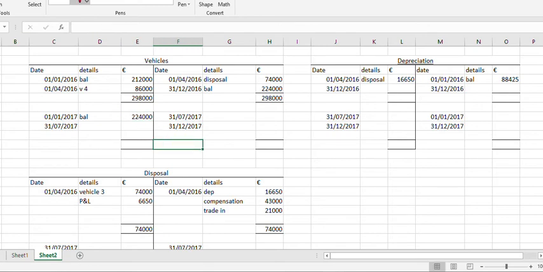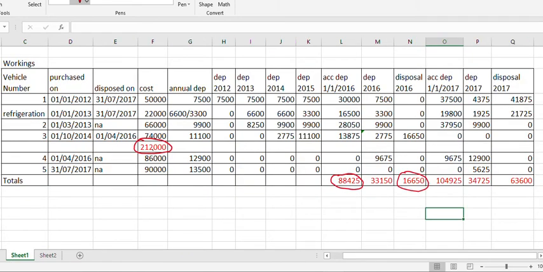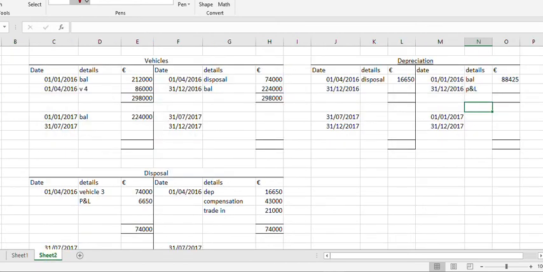Now we will do the same for depreciation. This figure over here is our depreciation for 2016. Go back to our workings. This figure right here is our depreciation for 2016, 33,150. So that would go there, 33,150. Now again, we're going to balance this account, so add up both sides and put the big number on both sides. Clearly this is the big side, so it adds up to 121,575.